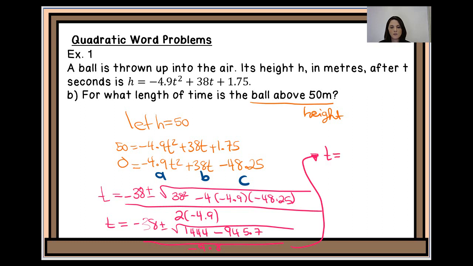So t is equal to negative 38 plus or minus the square root of 498.3 divided by negative 9.8.